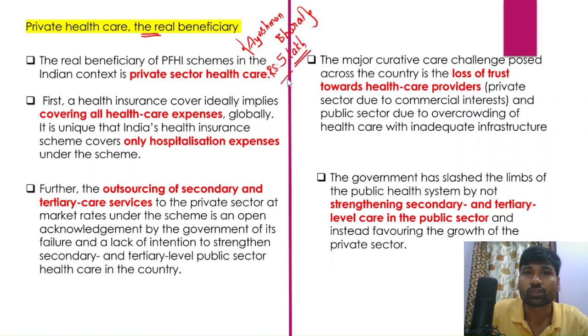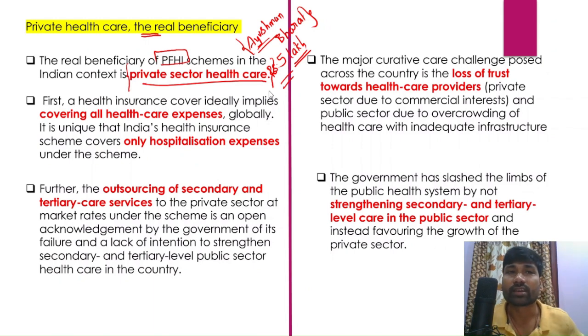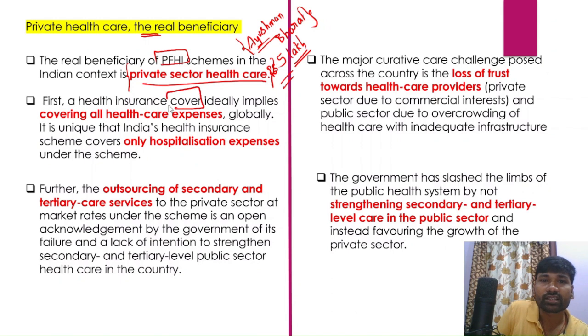This is the objective of the Ayushman Bharat program. However, the real beneficiary of publicly funded health insurance schemes such as Ayushman Bharat in the Indian context is the private sector healthcare, because first, health insurance cover ideally implies covering all healthcare expenses across the world.